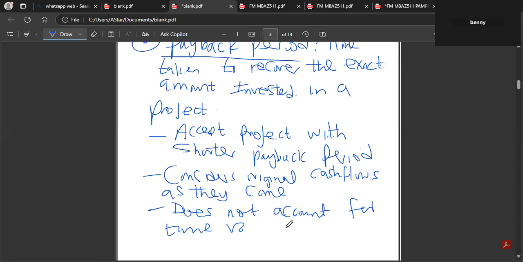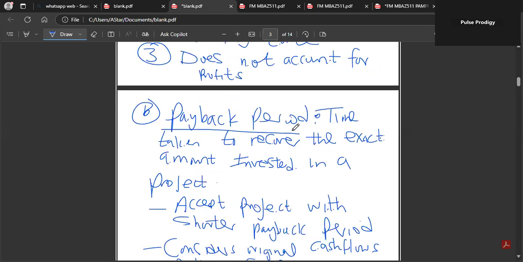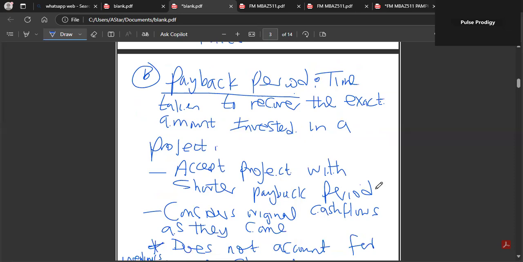So this is the weakness. Payback is the time taken to recover the exact amount invested in the project, nothing more, nothing less. Accept the project with a shorter payback period.